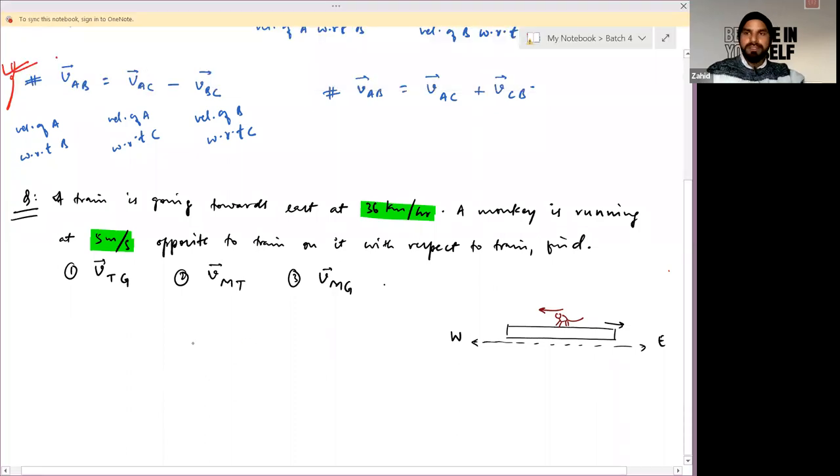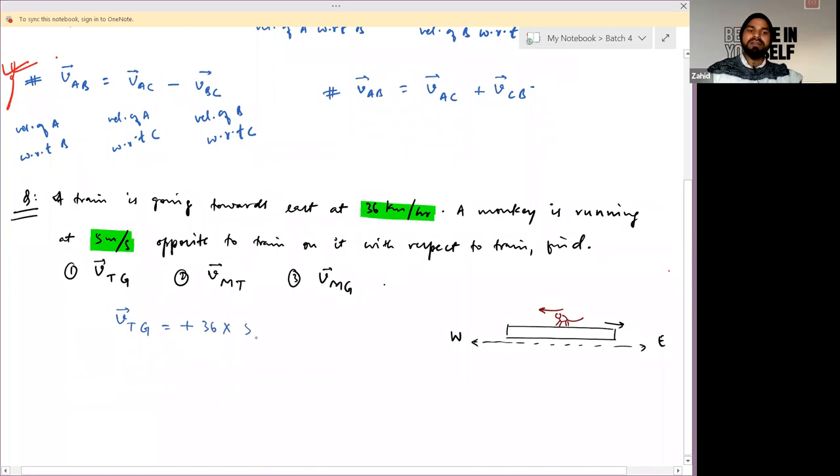Let's see how to solve it. We have 36 km per hour velocity of train, which is along east. So you'll say velocity of train with respect to ground, since it is along positive x-axis, will be plus 36 kilometer per hour.